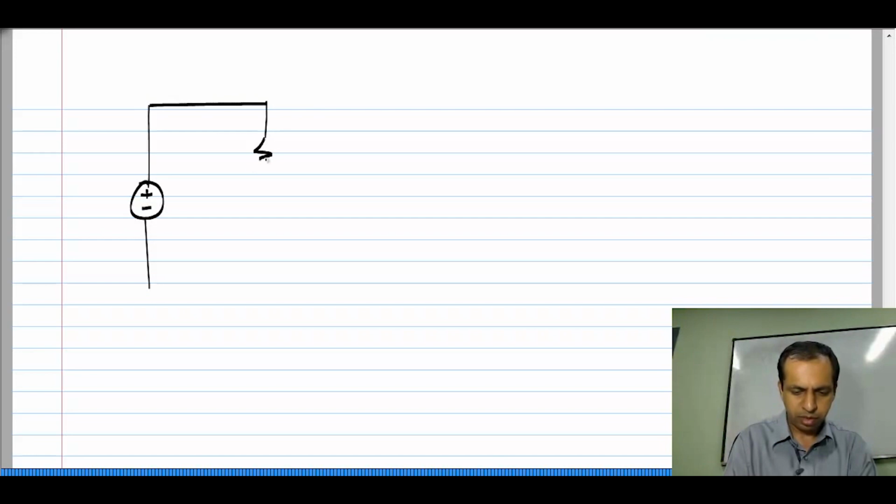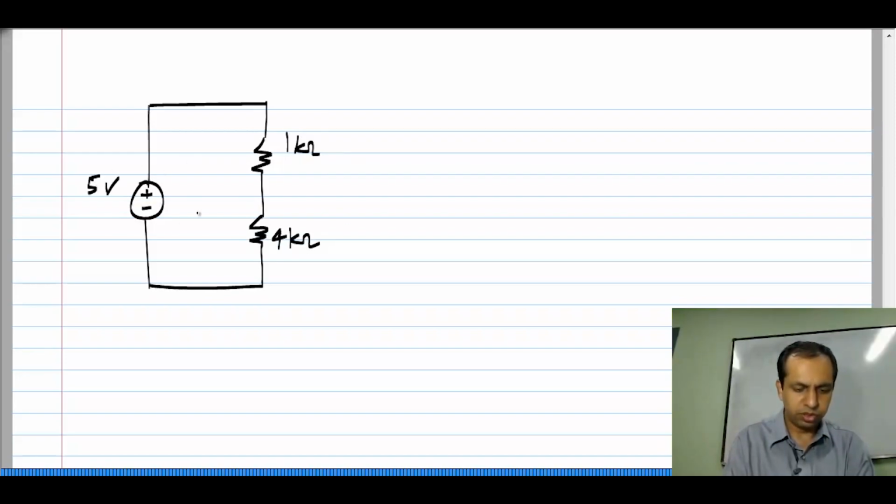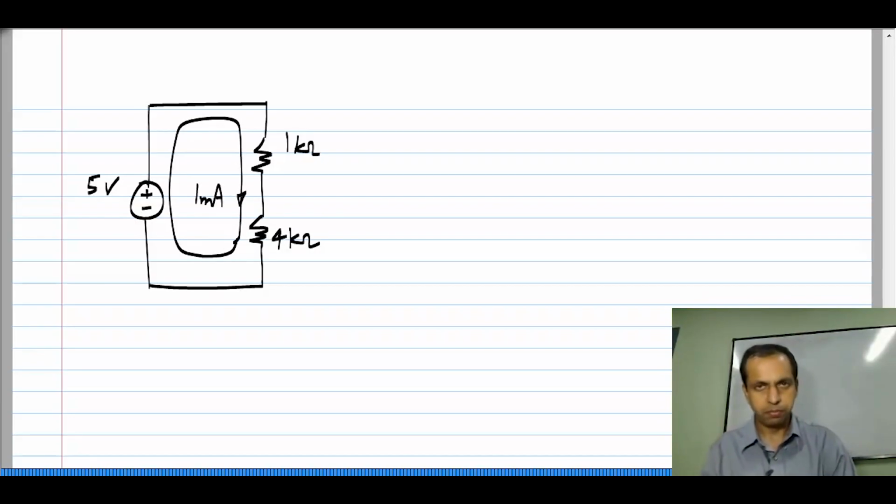Now, let me show another quick illustration. I will take the same circuit I had taken with the earlier illustration, 1 kilo ohm and 4 kilo ohm across a 5 volt source, and we know that a current of 1 milliamp flows this way.